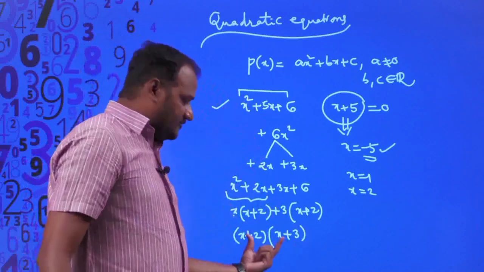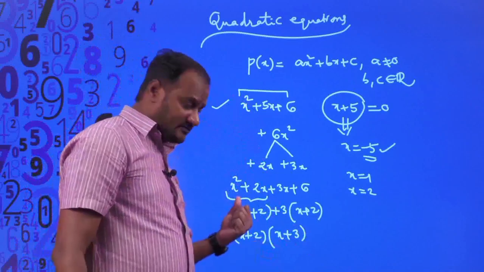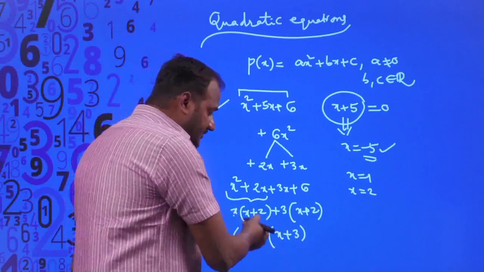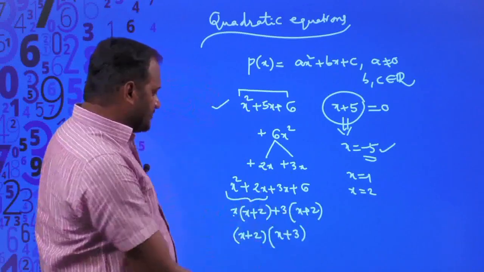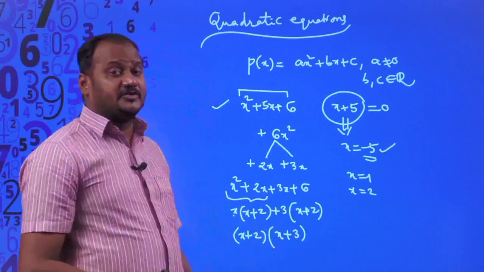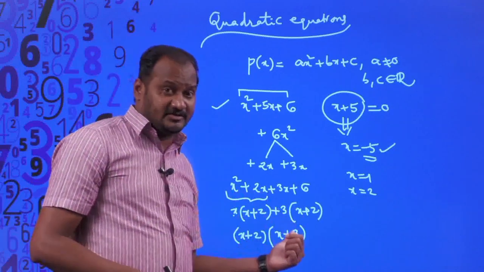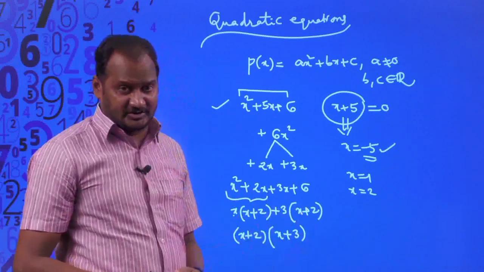Now we can understand for what value of the variable x this entire polynomial will become 0. If you observe, this is the product of two terms. When the product of two terms is 0, either the first term is equal to 0 or the second term is equal to 0, or of course both are equal to 0.